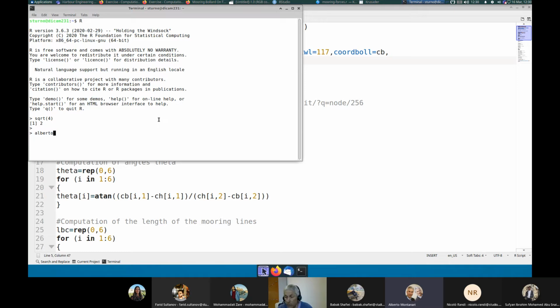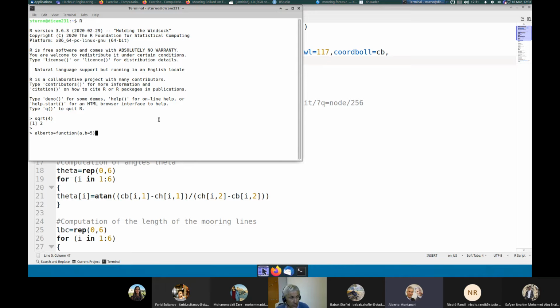Alberto is the name of this new function. And I can define it by writing Alberto is equal to function, and then between round parentheses, I give the arguments. And the arguments may be A, the first number to compute the sum, the first addendum, and then the second argument. And let's give a default for the second argument, okay?